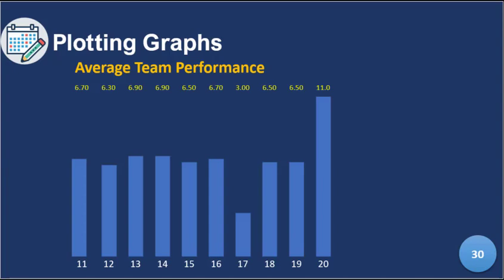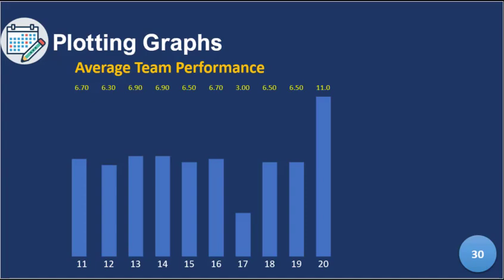Visualization helps you know where to look and where to focus your attention. So as a data manager, I will focus on 17 and 20 quickly to get a sense of why they are so high. Since that's not the average score we are getting across the teams, why is 17 so low and why is 20 so high? So that's how it basically works.